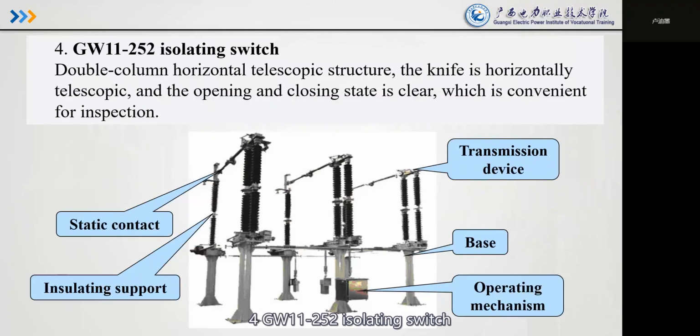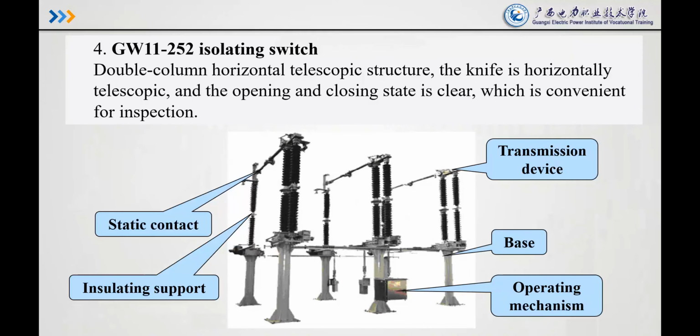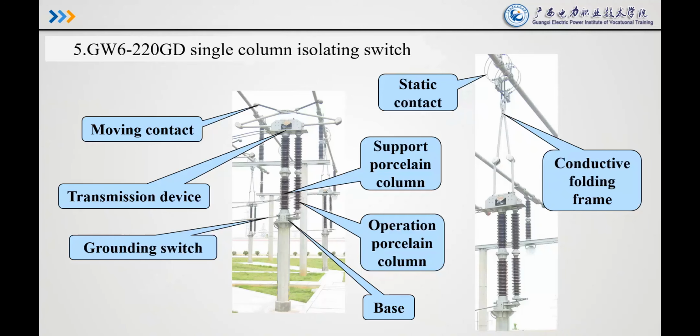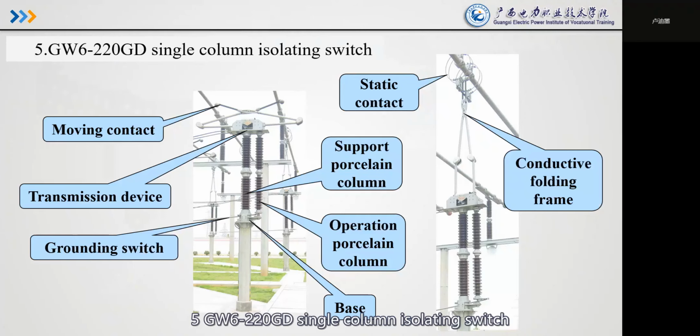4. GW11-252 isolating switch. Double column horizontal telescopic structure. The knife is horizontal and the opening and closing state is clear, which is convenient for inspection. 5.